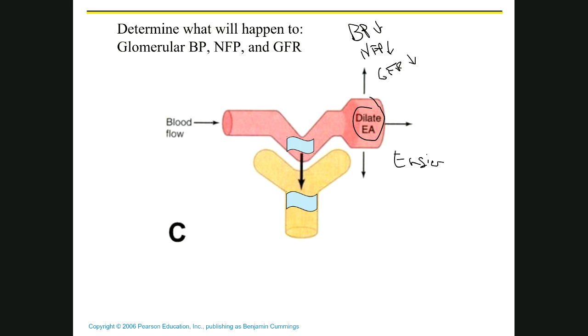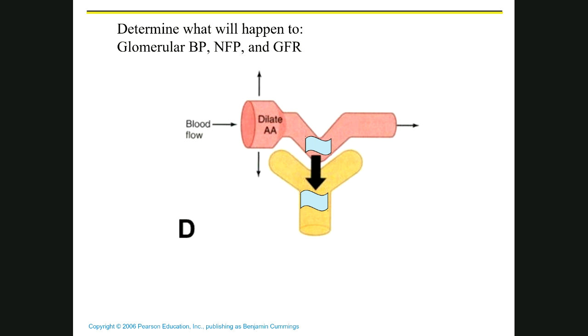And last one, look what happens if I dilate this one. So if I dilate this one, I'm going to increase blood pressure. I'm going to increase net filtration pressure and increase GFR. Does it make sense?